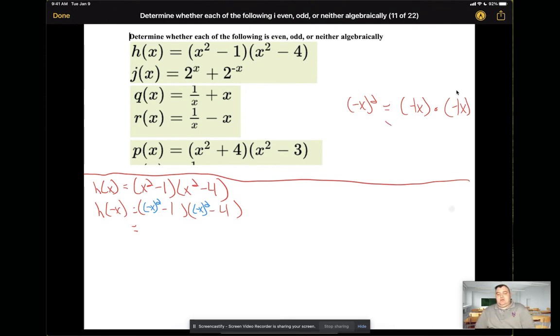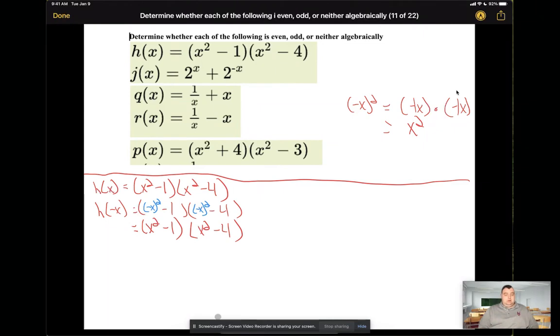We know that negative 1 times negative 1 is positive 1, and x times x is x squared. So negative x squared is really x squared, minus 1.